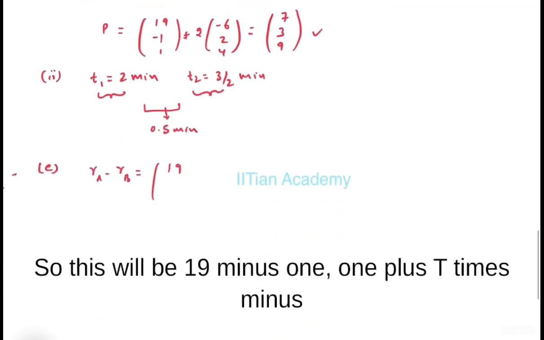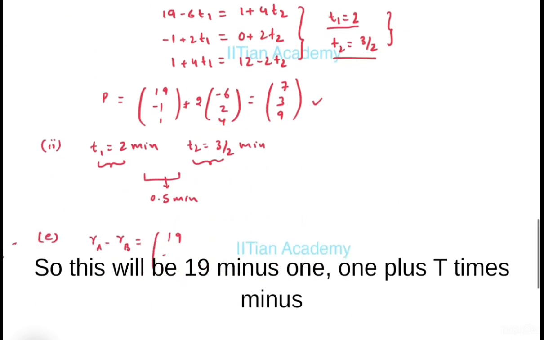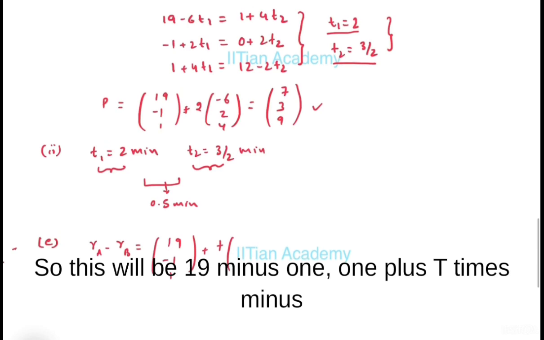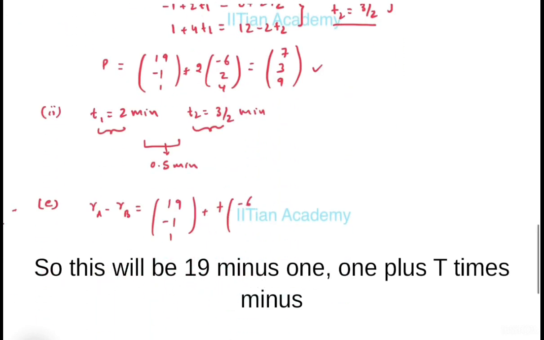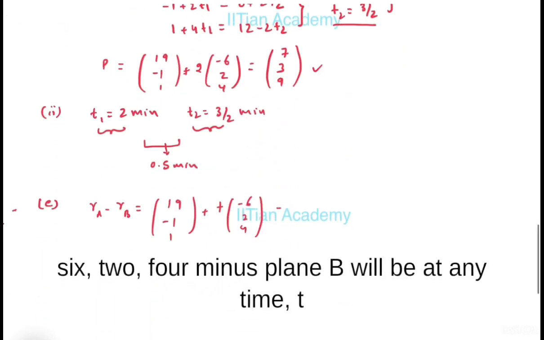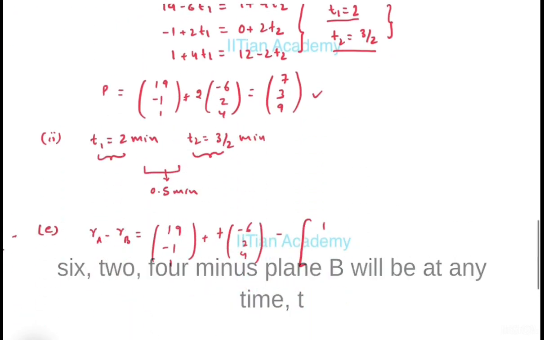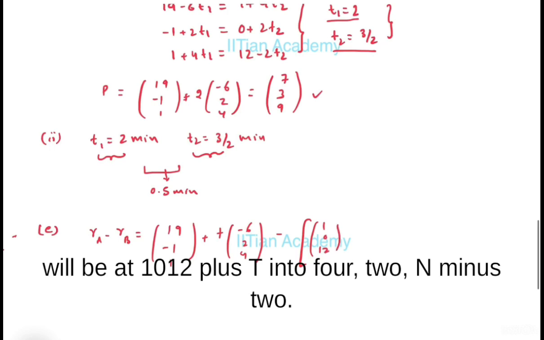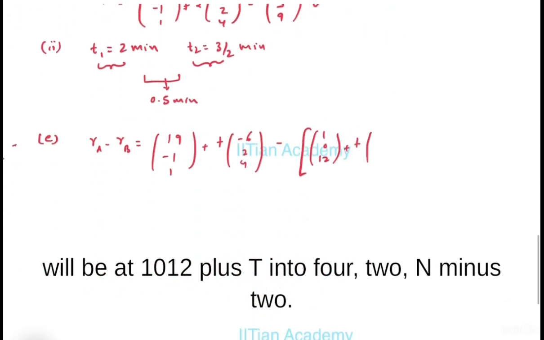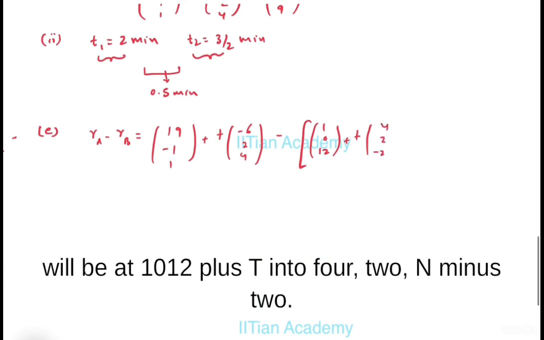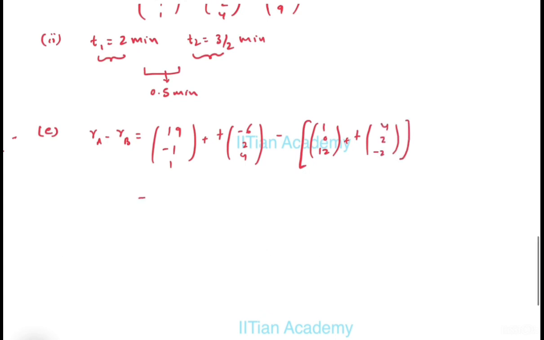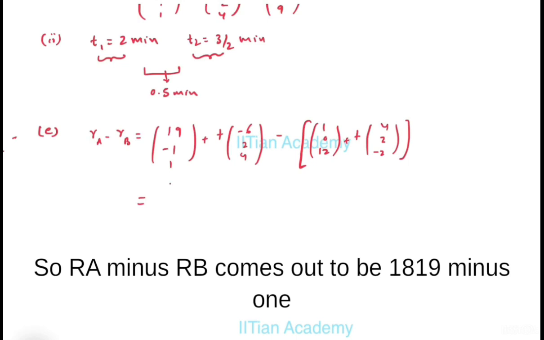So this will be (19, -1, 1) plus t times (-6, 2, 4) minus plane B at any time t, which will be at (1, 0, 12) plus t into (4, 2, -2).